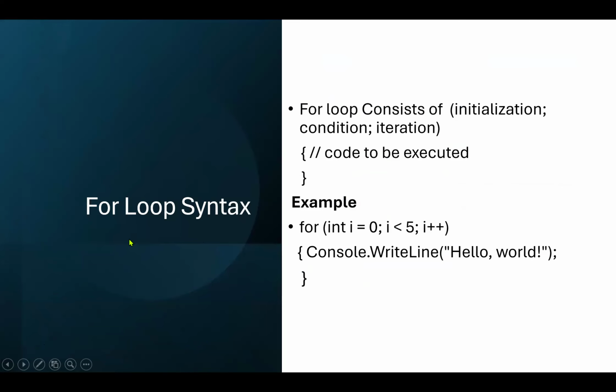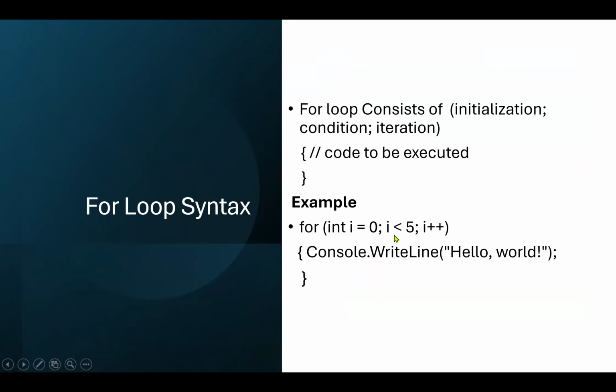This is what the for loop syntax looks like. Like I said earlier, it consists of an initialization, a condition, and an iteration. The iteration will mean the number of times you want it to run. For an example, you can see what we have here. The variable i is equal to 0. That is the initialization statement. And then i is less than 5.